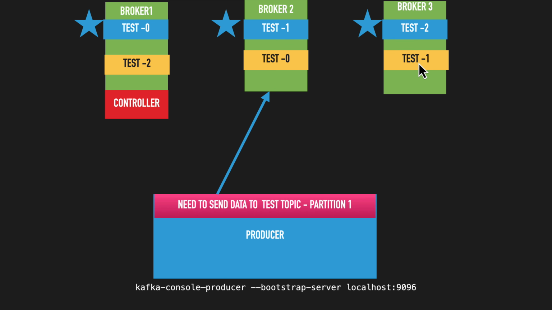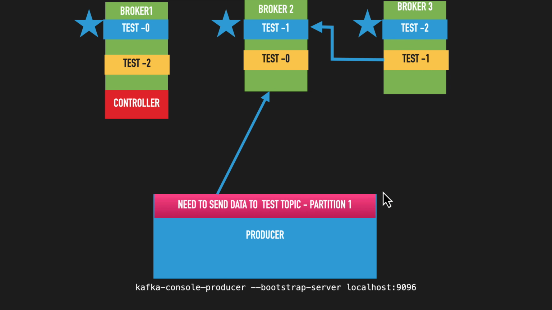This follower replica of test 1, which exists inside broker 3, has only one job. It always needs to connect to the leader partition in whichever broker it exists, and fetch the data. It reads the data and commits the data inside this.